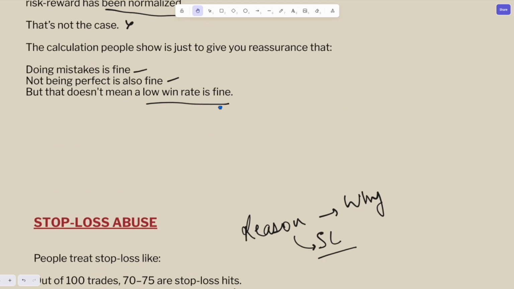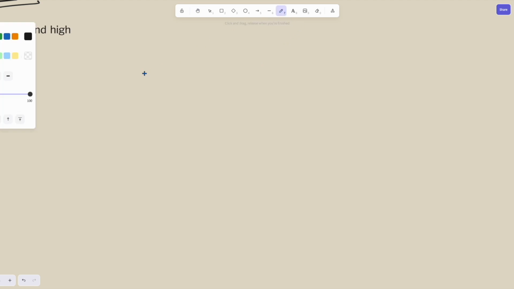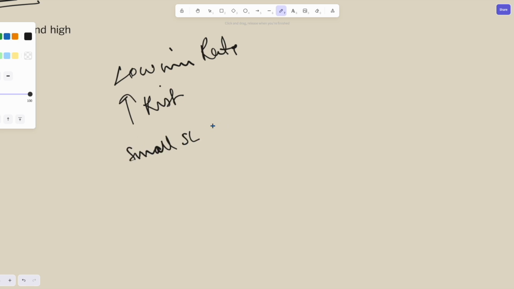So I'll tell you one thing, in the name of this low win rate and high risk reward, stop losses with absurd logics of keeping stop loss small so that you can have a high position size, so that your exposure of capital is less. This is bullshit.